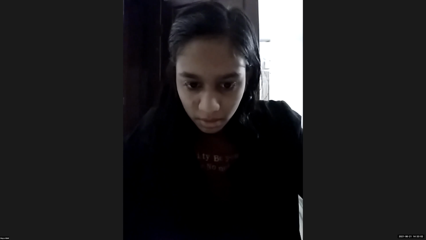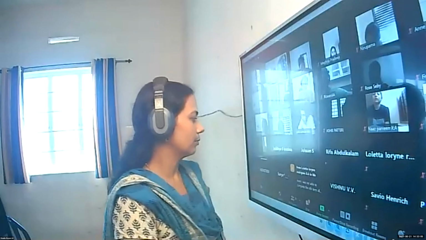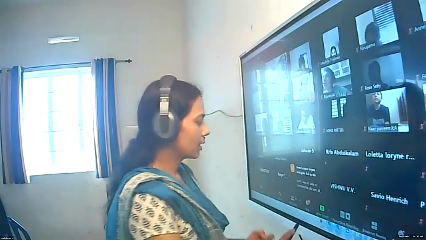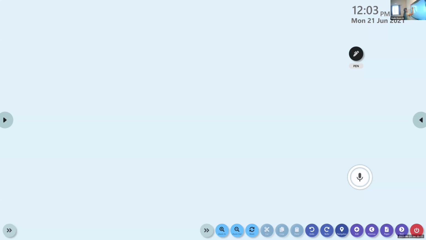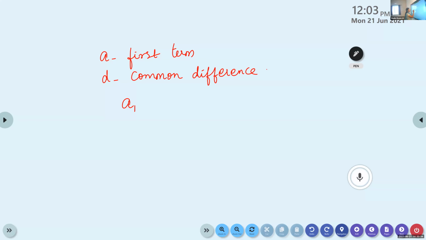So if a is the first term and d is the common difference, then the nth term is given by a_n is equal to a plus n minus 1 into d.